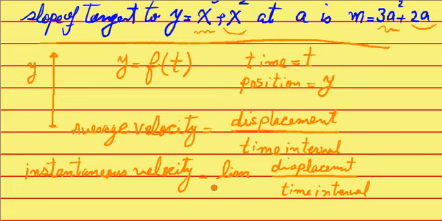So let me abbreviate that. How should we abbreviate this thing? The length of the time interval goes to 0.